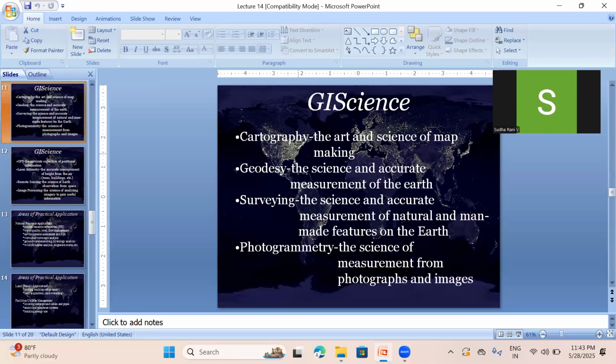And whatever information retrieval system we are using in the GI sciences comes under GIS. Next, surveying, the science and accurate measurement of natural and man-made features on the earth. So geodesy is natural measurement of the earth, whereas surveying is the accurate measurement of natural and man-made features on the earth. Photogrammetry, the science of measurement from photographs and images.